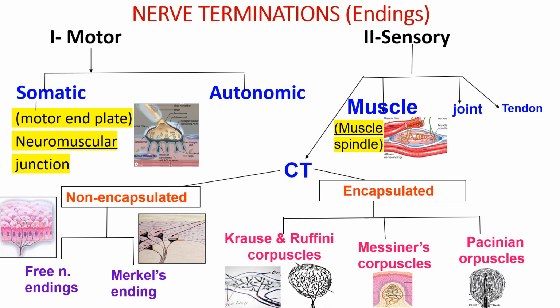The non-capsulated types are two: free nerve endings and Merkel's endings. Capsulated sensory endings in connective tissue are of three types: Krause and Ruffini corpuscles, Meissner corpuscles, and Pacinian corpuscles.